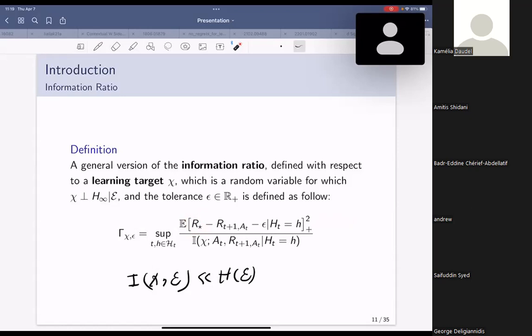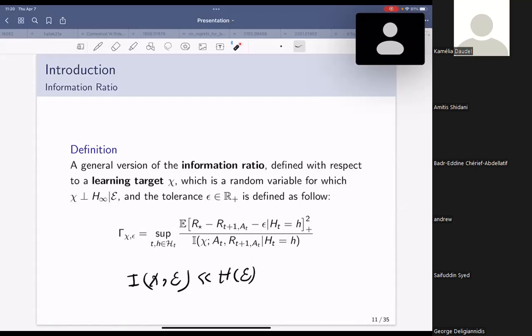Could you give an intuition, like an example of what chi could be? Yeah, so chi could be any statistic about the environment. For example, it could be the mean reward of the environment instead of the whole environment. Or if we have some mean value and variance, we can just focus on the mean value and ignore the variance.